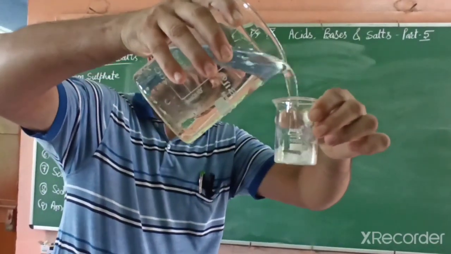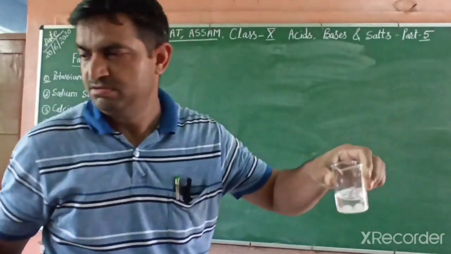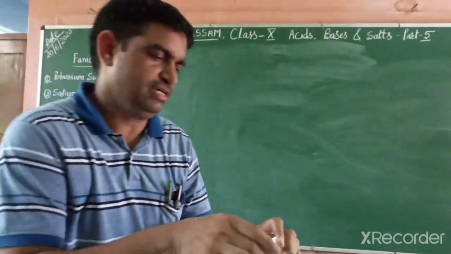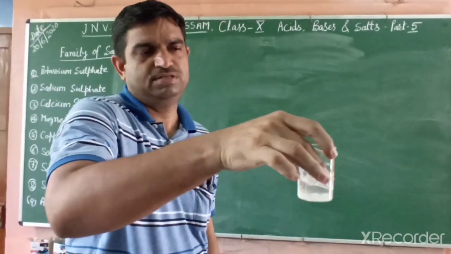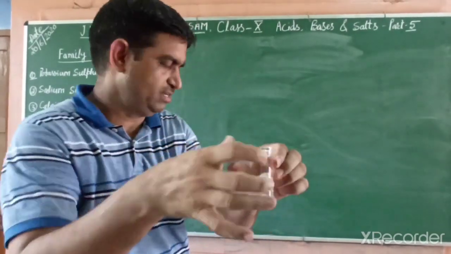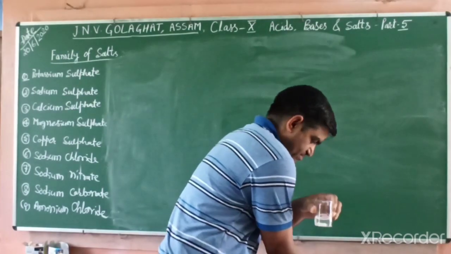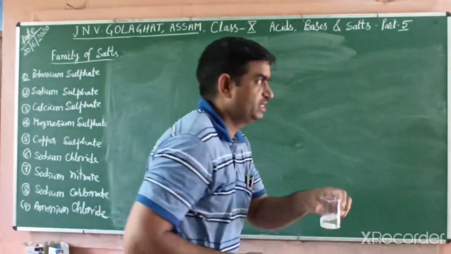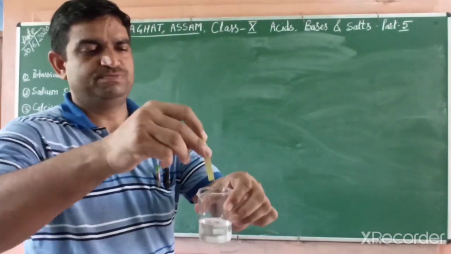Sulfate, and when it dissolves, it easily dissolves, and the crystal also we can dissolve by glass rod. But we want to check its pH by using pH paper.